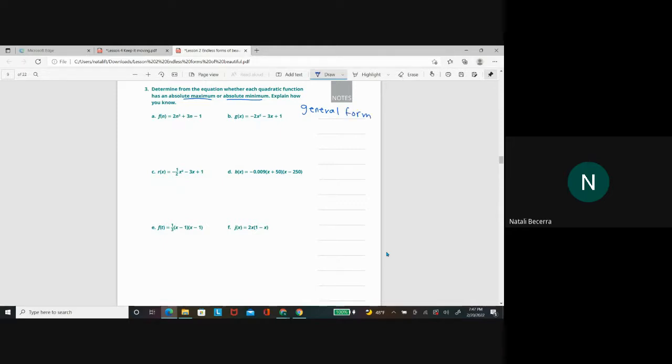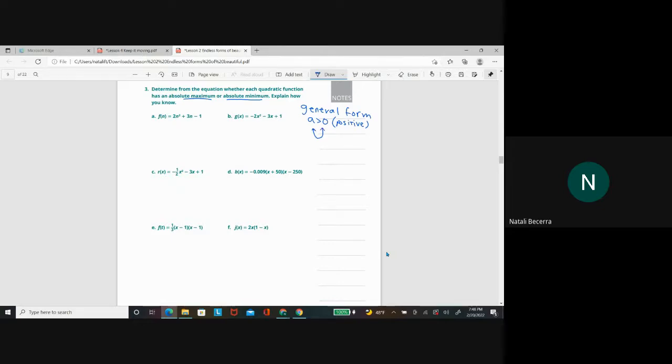General form, you can find two things from the general form. So you can figure out if it's going to be an absolute maximum or an absolute minimum by looking at your a. Okay, so if a is greater than 0, meaning if a is positive, if it's a number greater than 0, that means it's a positive number, then this is going to be concave up.